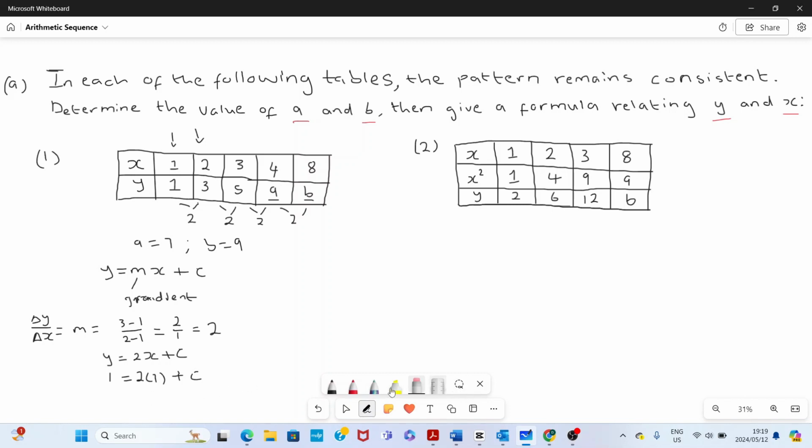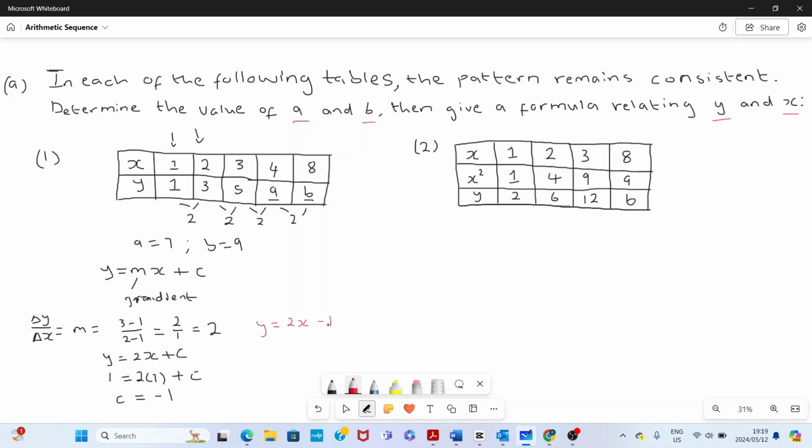This is just going to give us c equal to 1 minus 2, which will give us negative 1. So c is negative 1. This means that our equation that shows the relationship between x and y is given by y equal to 2x minus 1. So we have answered both the questions for the first table.